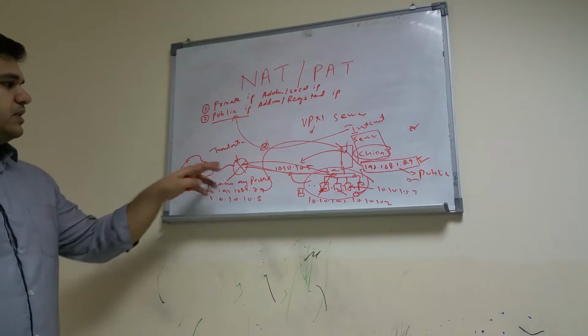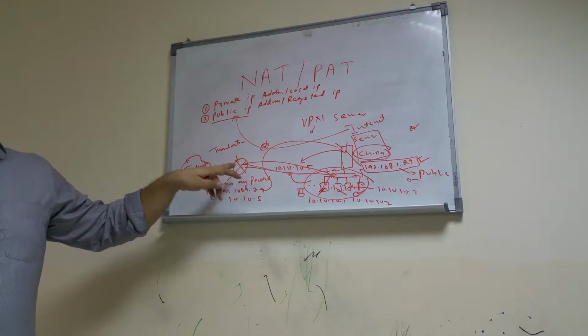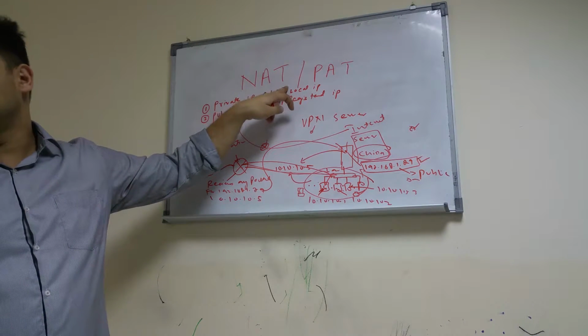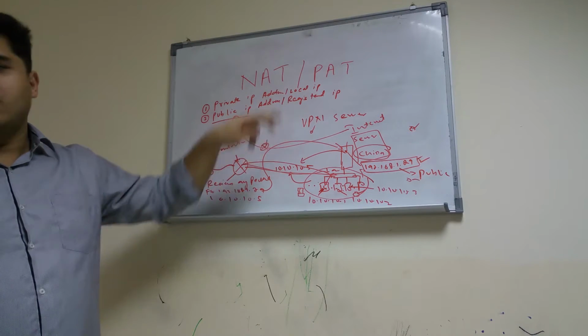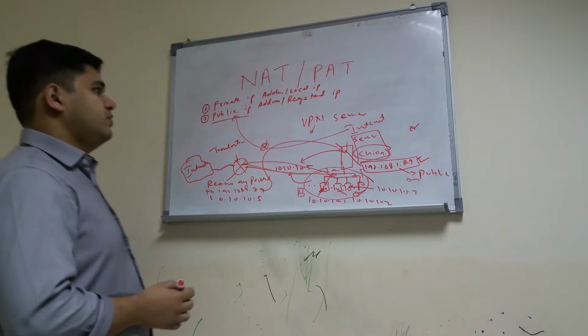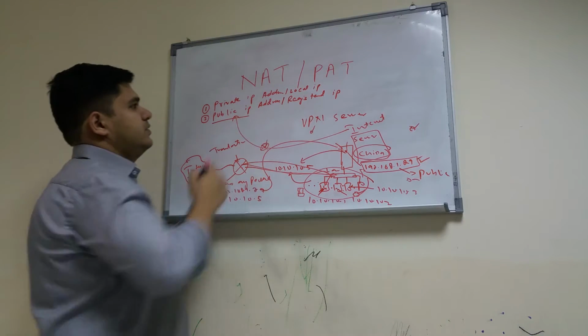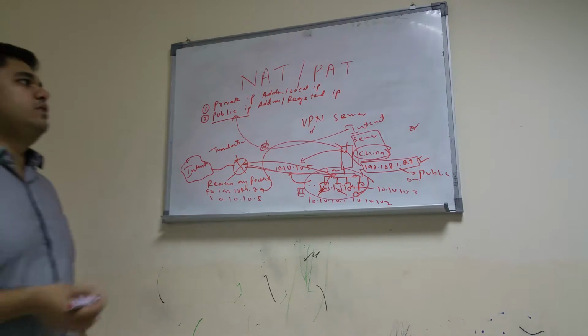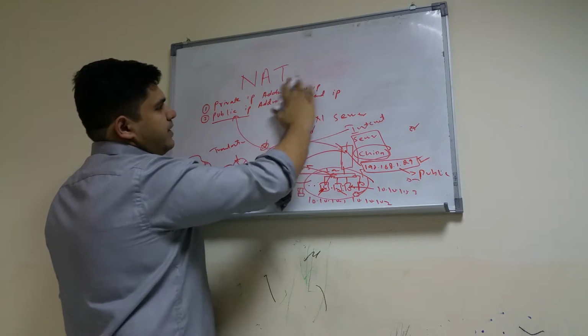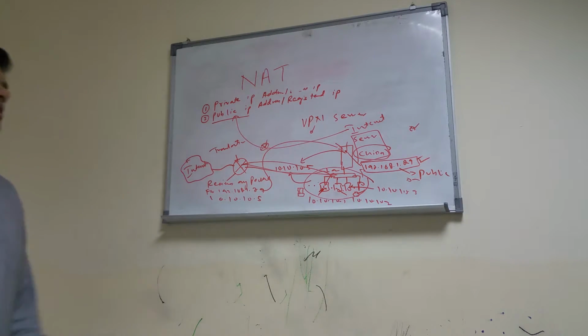This is the job of the router, and this job is known as network address translation, and you have to do this on the router. Now first of all I will show you NAT, and then we will come to PAT. So network address translation.